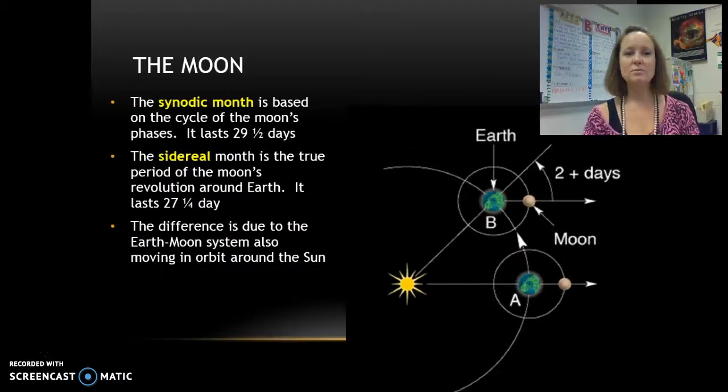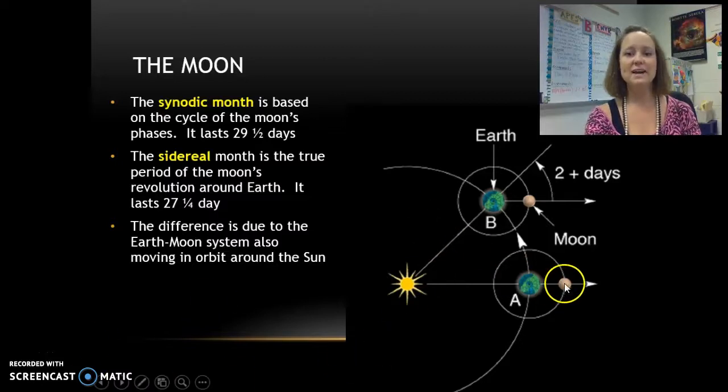All right, so we talked about the sidereal month or sidereal day when we're talking about the Earth's orbit or revolution around the sun. The same thing happens when the moon is orbiting the Earth. The synodic month is the amount of time it takes the moon to go through all of its phases, and that's 29.5 days. However, it does not take that long to revolve around the Earth.